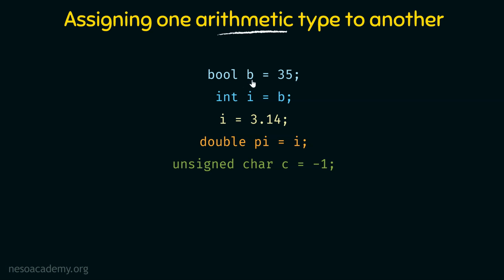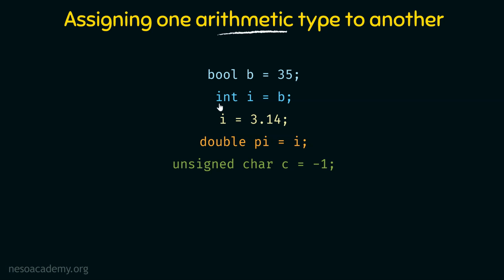We know that Boolean variables can take only two values, either true or false. But here, instead of true or false, I am assigning the value 35 to this Boolean variable. Essentially, I am assigning an integer value to this Boolean type. We need to see what will happen.